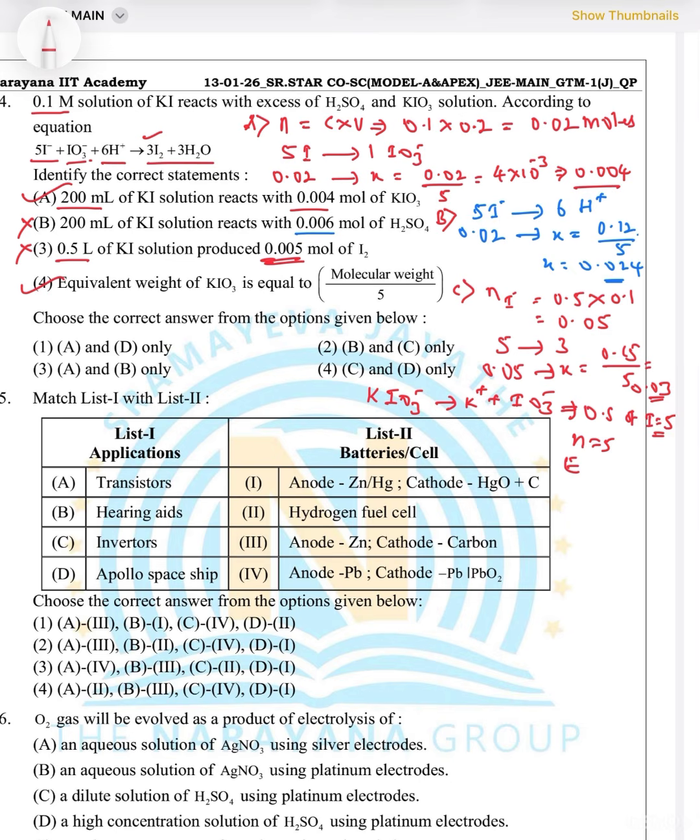That's why equivalent weight is equal to molecular weight by n factor. N factor is equal to 5. So molecular weight by 5. Correct statement. A and D are correct. First statement is right. Next.